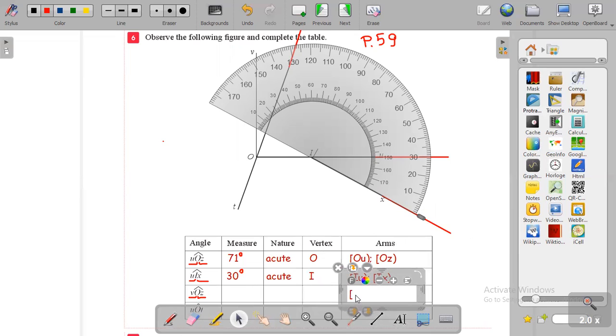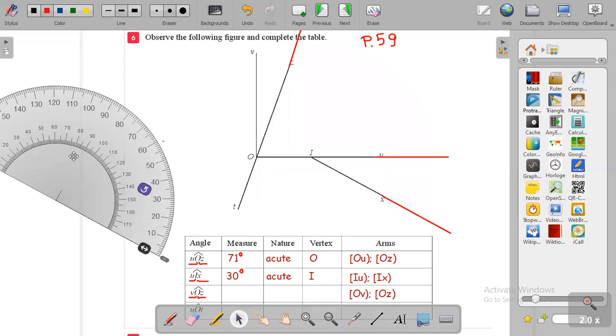O bracket, O capital O, it is a point. Small v, because we have a small letter, parenthesis, OZ, and the arms are semi-straight lines.